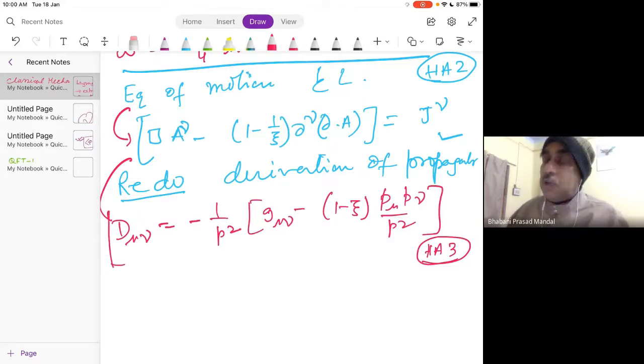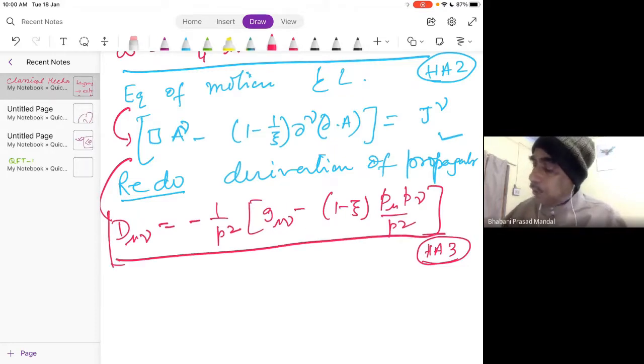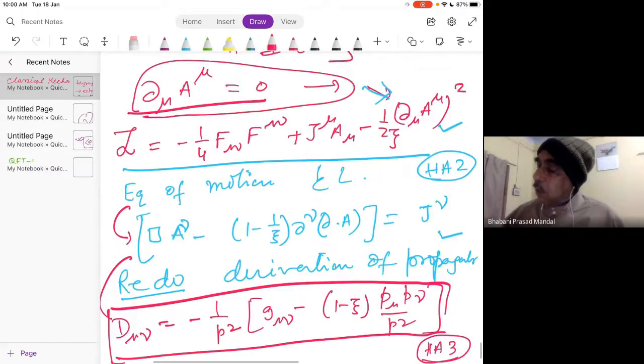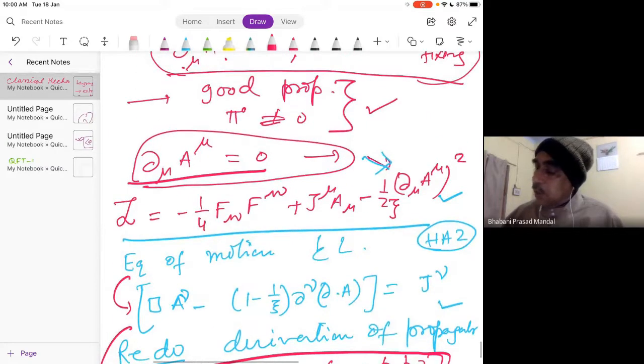So maybe I'll stop here because it's 10 o'clock, and we'll have some discussion on this propagator, then move to the next topic. Do you have any quick question? Otherwise this class is over. So you have understood what you have to do: if the Lagrangian density is given, it is obtained by gauge fixing.